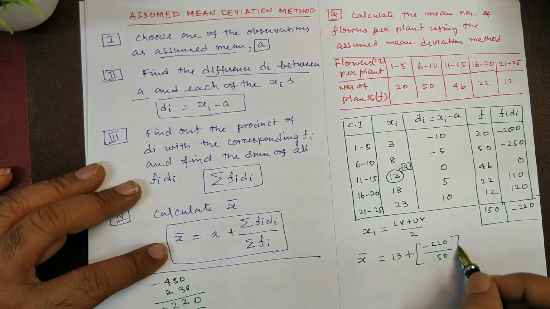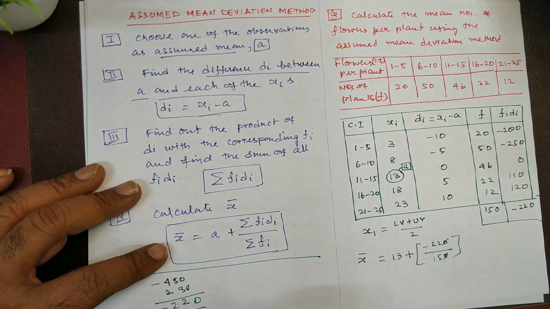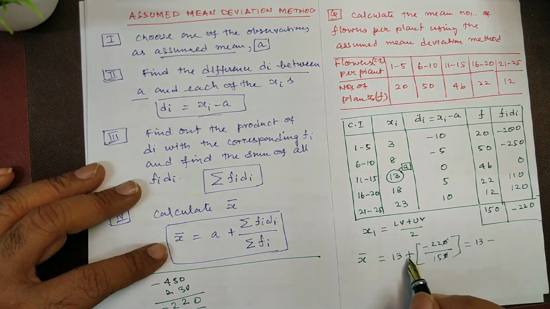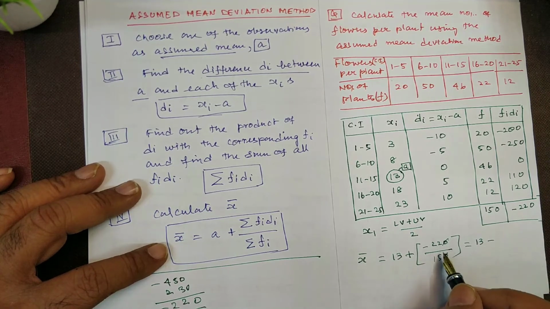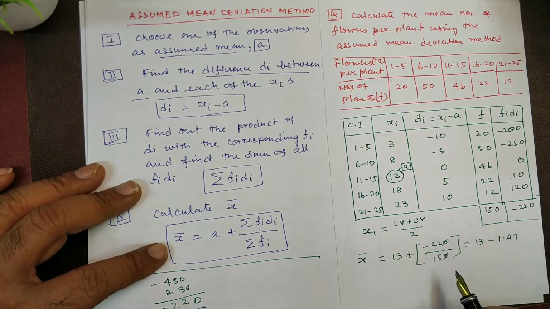So that is equal to 13 minus 22 divided by 15, which is 1.47.